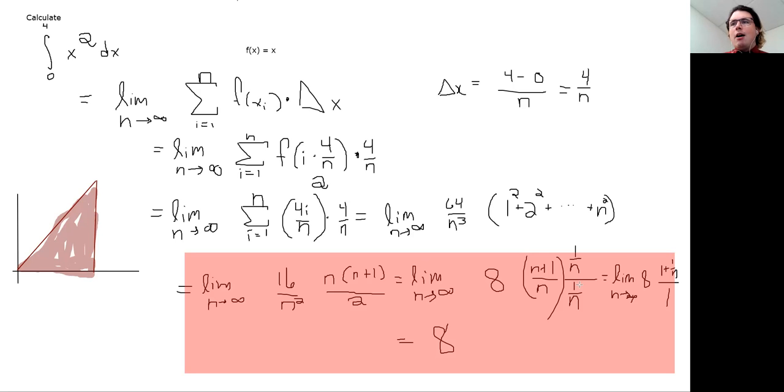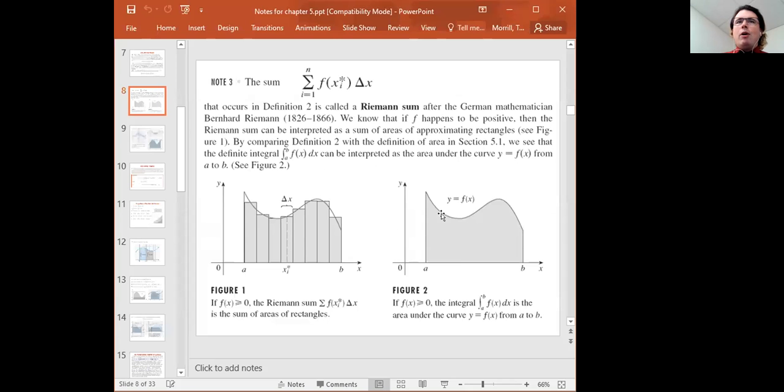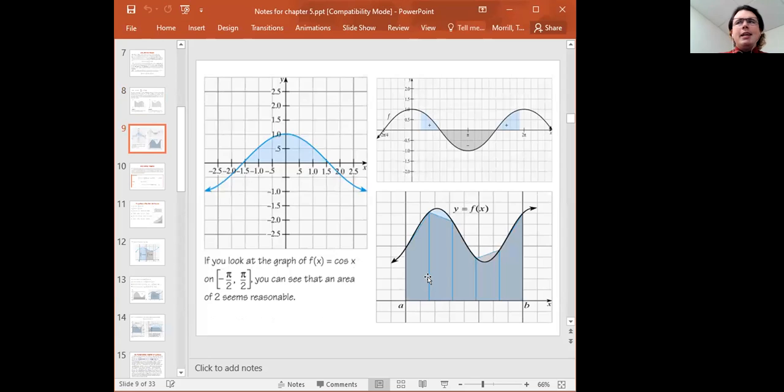Now, ultimately, I want to be able to do these calculations without having the clever formula for adding up a whole bunch of integers, adding up a whole bunch of squares, and so on. But the key thing to remember is that all of this really does come down to this area concept.